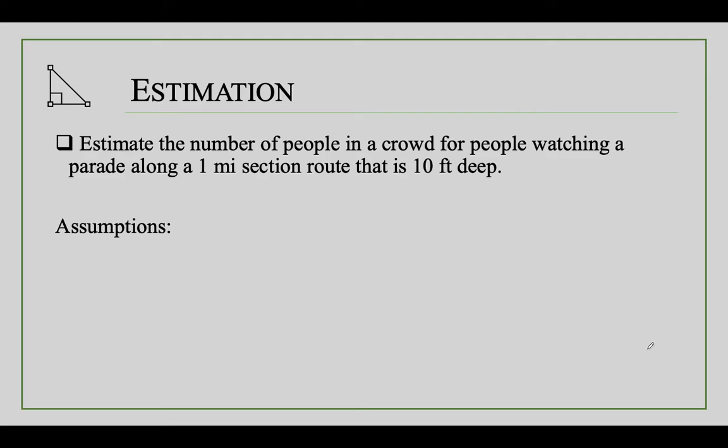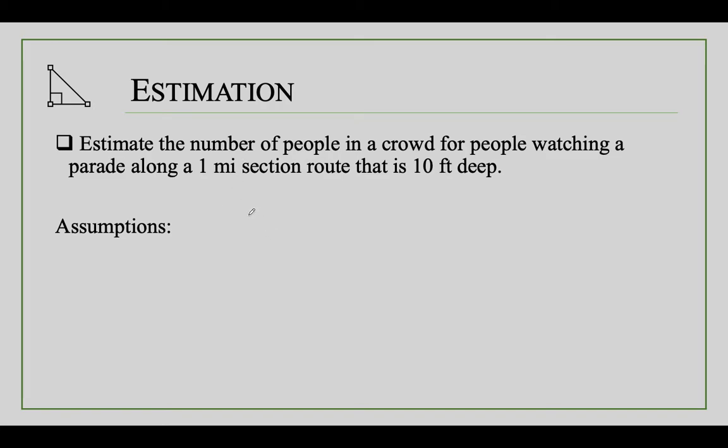Okay, so now we're going to actually be doing some estimations. Let's say it's Thanksgiving and we're at the Macy's Day Parade in New York City. I want you to estimate the number of people in a crowd watching a parade along a 1-mile section route that is 10 feet deep.